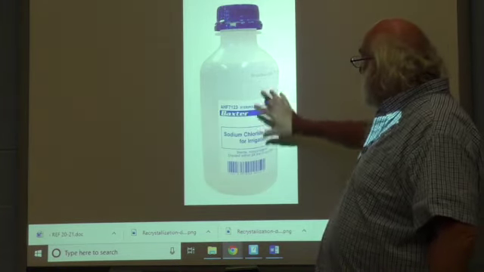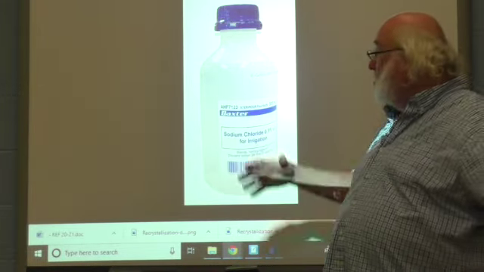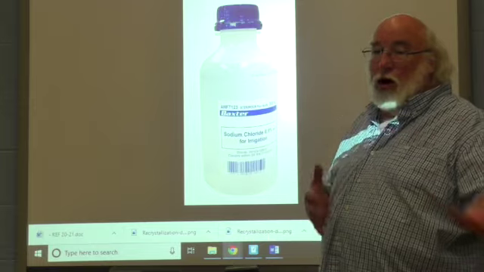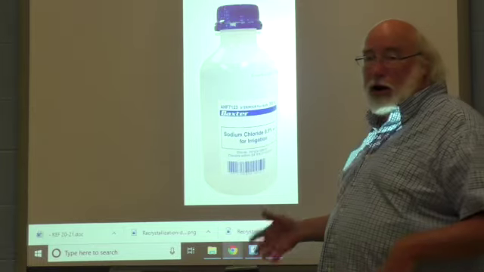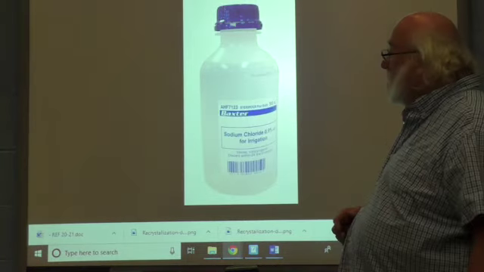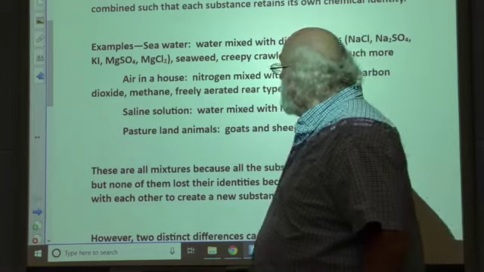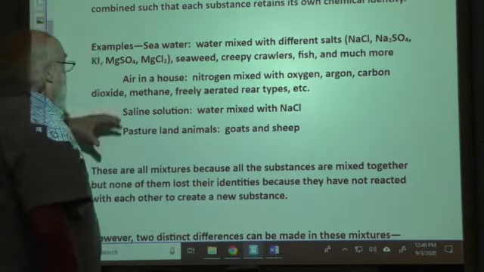But that is a mixture, and again, you can't see all the particles. In fact, you can't see any particles. You see the water that has dissolved sodium chloride and whatever they use to kill the bacteria. Okay? So that's what we have here.